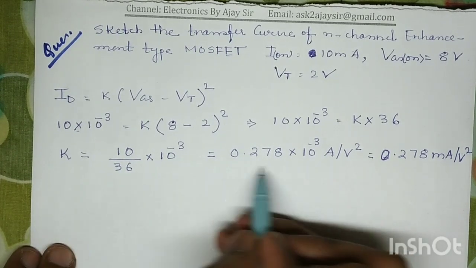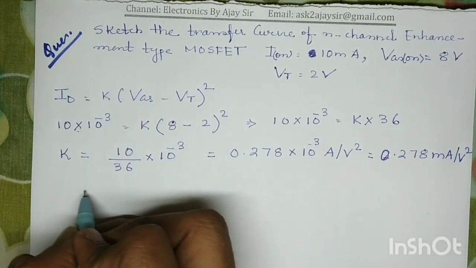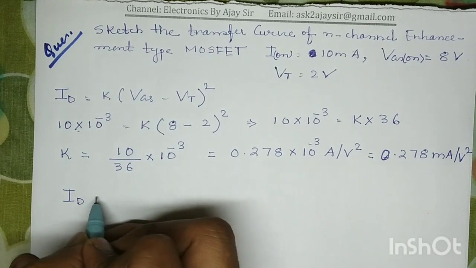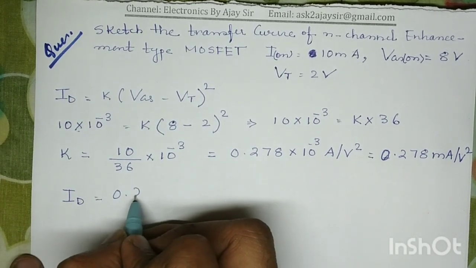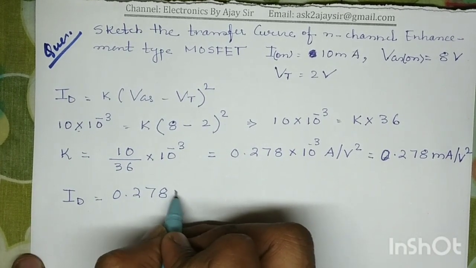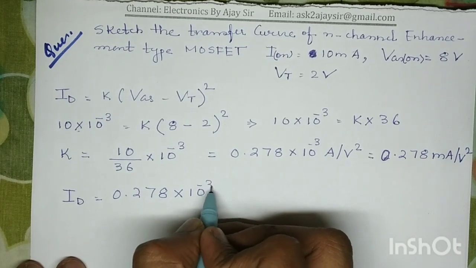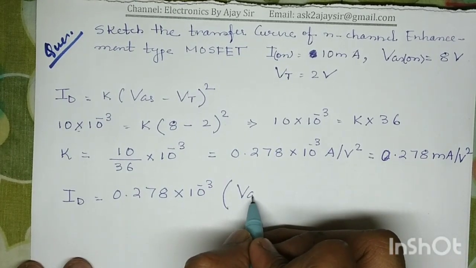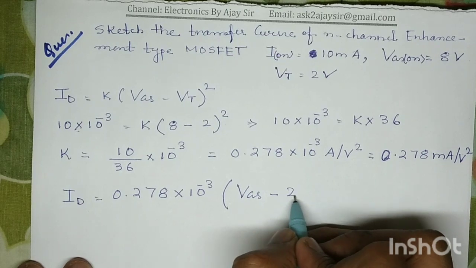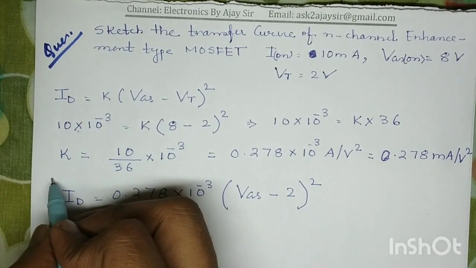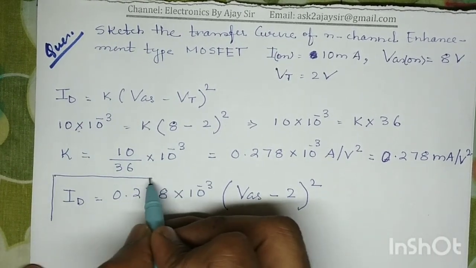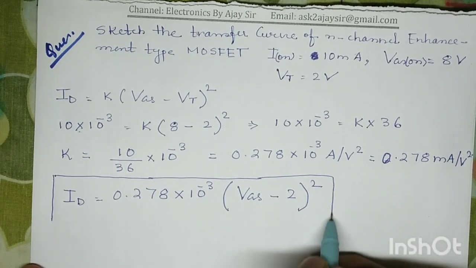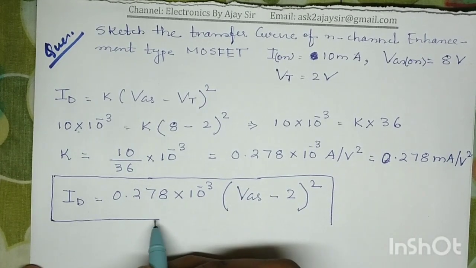Next, substituting the value of K in this equation, ID is equal to 0.278 into 10 to the power minus 3 times (VGS minus 2) whole square, where the value of VT is 2, and this is the mathematical equation.